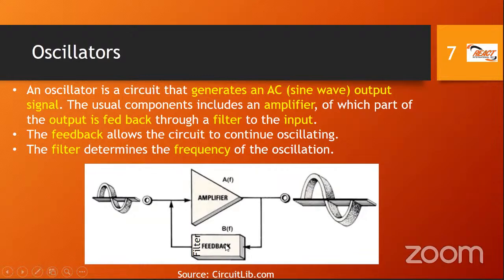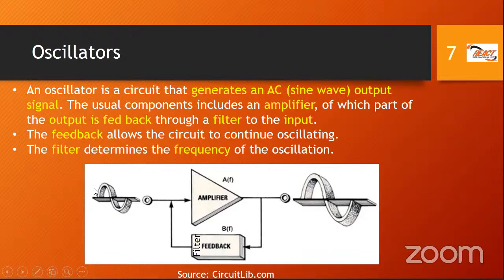But note that it passes through a filter. So there's a filter that the feedback goes through. And that filter inside of there is what determines the frequency of oscillation. So that is what an oscillator from a block diagram perspective looks like, and you need to know this for your exam. The filter determines the frequency of the oscillator.